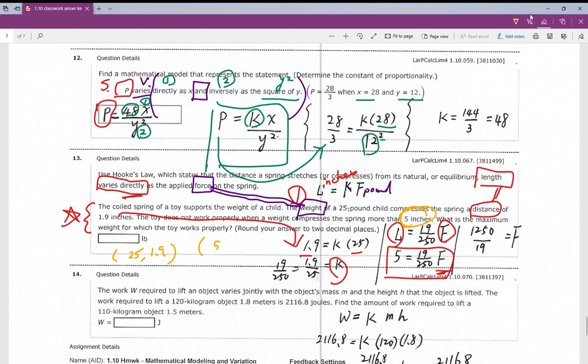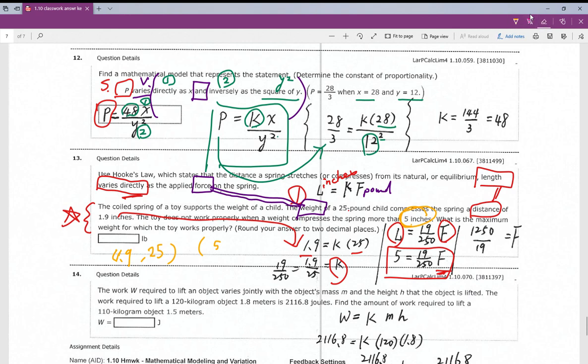Let me change the position. So when length is 25, the weight is 1.9.